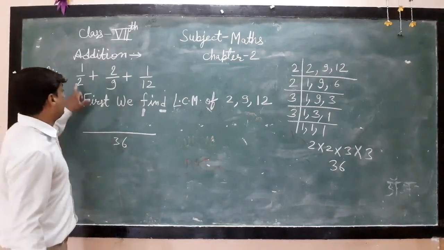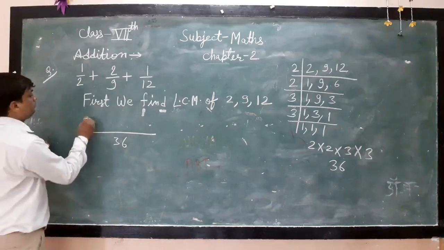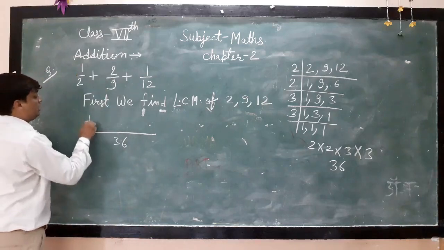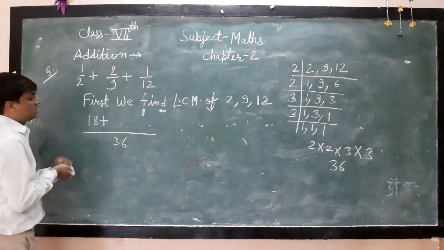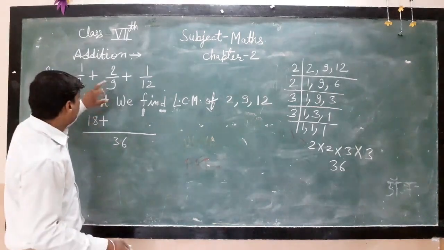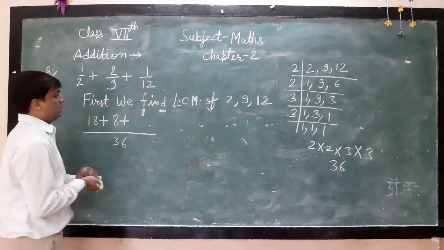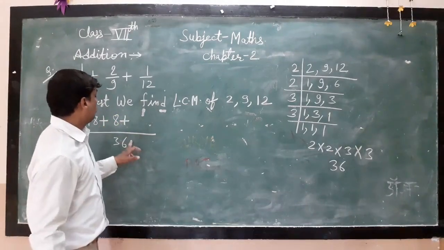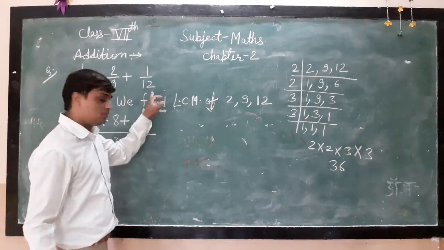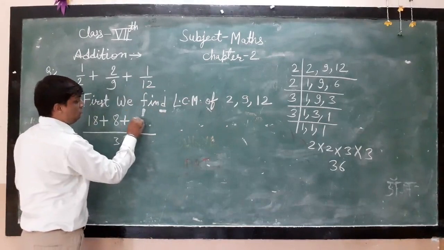36 divided by 2 is 18, 18 multiply 1 is 18, plus 36 divided by 9 is 4, 4 multiply 2 is 8. Now 36 divided by 12 is 3, 3 multiply 1.